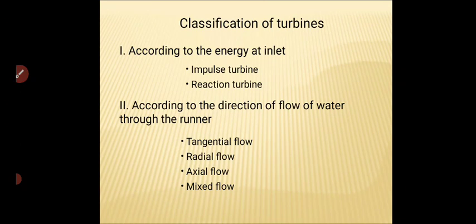In this turbine, the water enters radially at outer circumference but leaves in the direction parallel to the axis of the runner. This is mixed flow turbine. The example of the mixed flow turbine is modern Francis turbine.